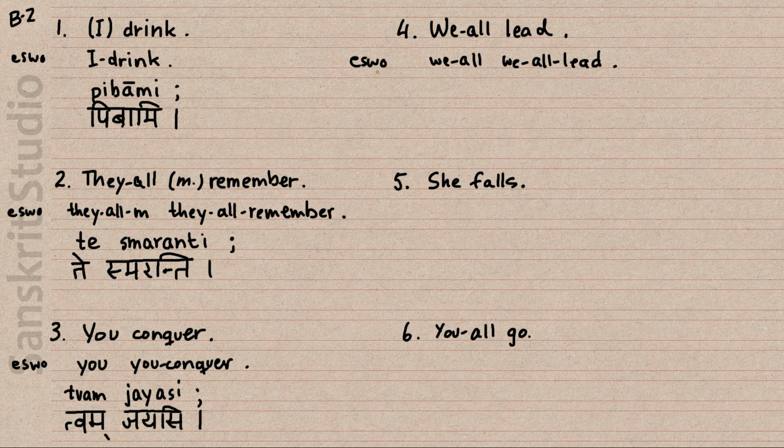And so we have transliteration, vayam, we all, vayam, and we're doing some leading, so it's nayati, but we need the first person plural form, which is nayamaha, vayam nayamaha. Like that.